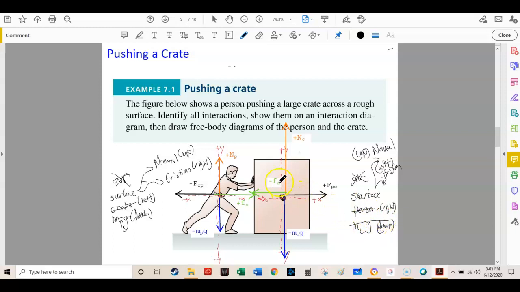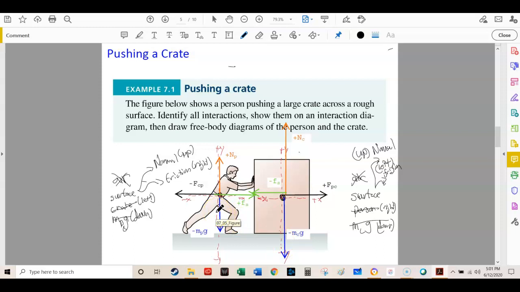And then once you have that list made, go ahead and do a little dot for the center of mass of each object, draw your coordinate system, okay, and then basically attach those forces with vectors and try to make them proportional to what you imagine the force should be. In here, I made my crate have a large force vector down, meaning the crate was heavier than the person, right?